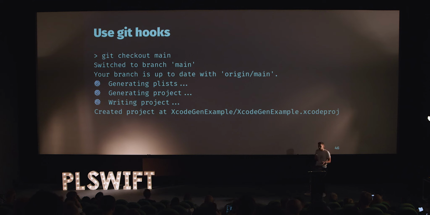So after it finishes checking out, I'm good to go and I can work on my project. And combined with use cache, it should not impose any significant speed penalties for checking out your code.